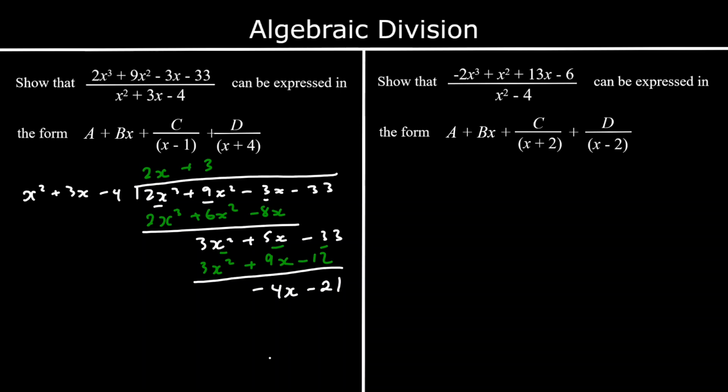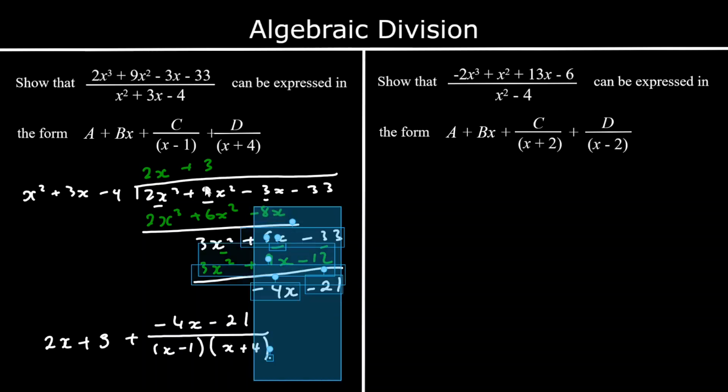So now we have our answer. That's the outside bit, 2x plus 3. And we have plus negative 4x minus 21 over our original, which I'm going to write as x minus 1 times x plus 4. I'm going to write the factorized version.